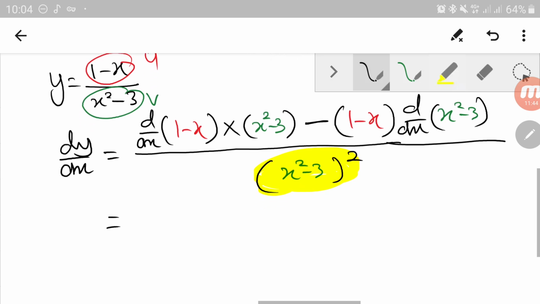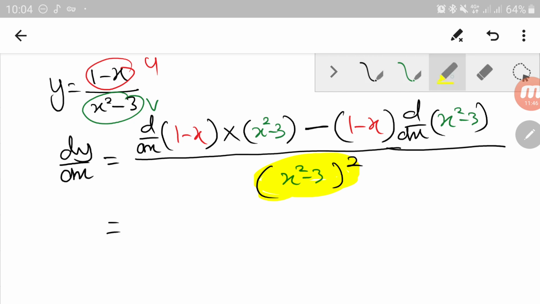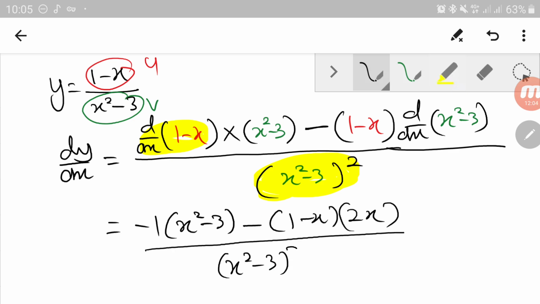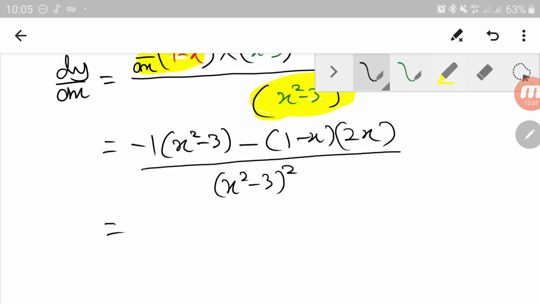Okay, so let's proceed. The differentiation of 1 minus x is minus 1, multiplied by (x squared minus 3). Okay, and then minus (1 minus x) multiplied by the differentiation of the denominator, which is 2x. And then divide by (x squared minus 3) squared. As I said, no need to expand that, just leave it like that. But maybe it's better if we expand the numerator so we can simplify it further.